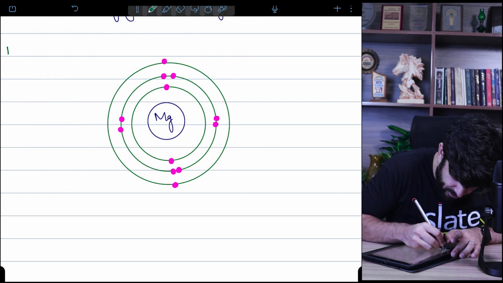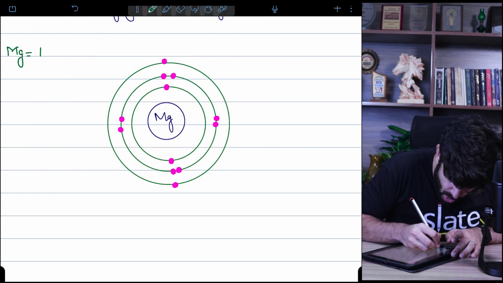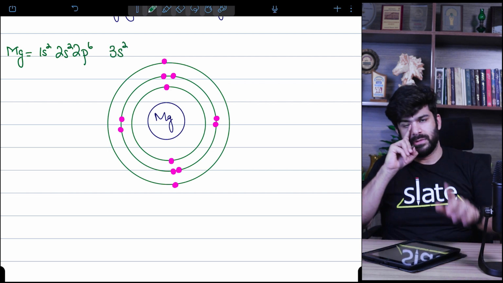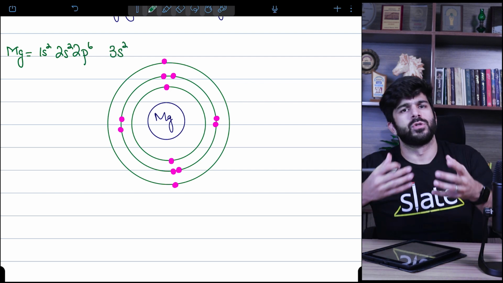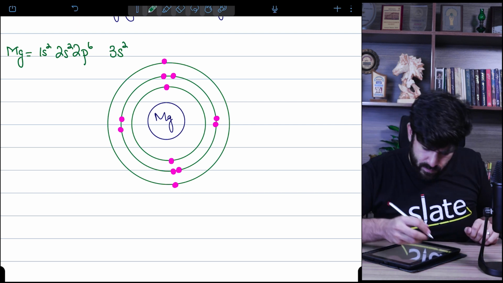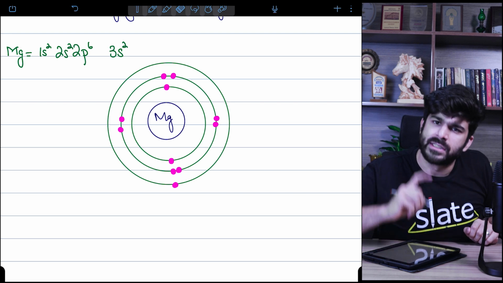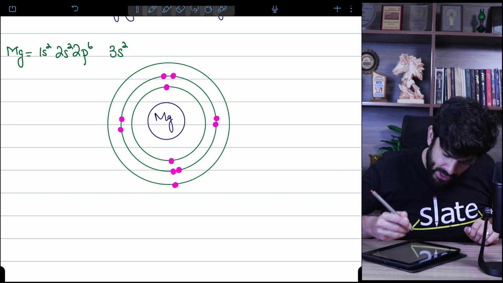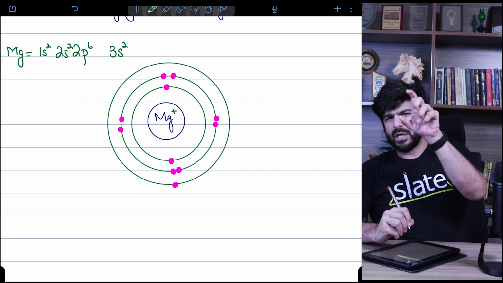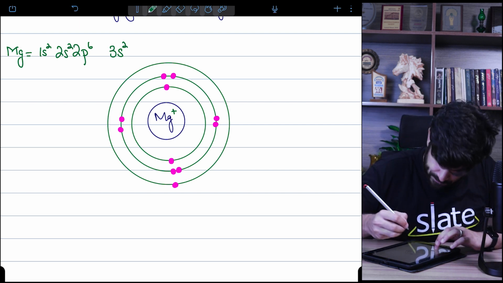Let me write it for you: 1s2, 2s2, 2p6, and then 3s2. That's magnesium. So we just used energy to remove one electron. This electron is removed. What has it now become? Magnesium positive.